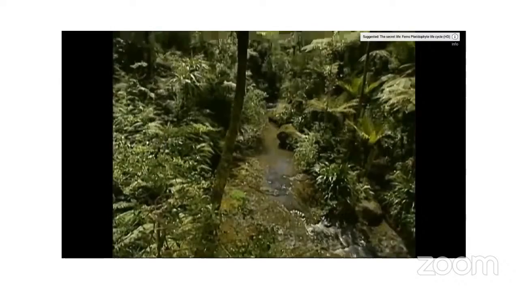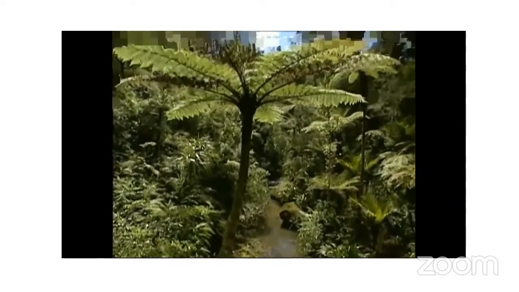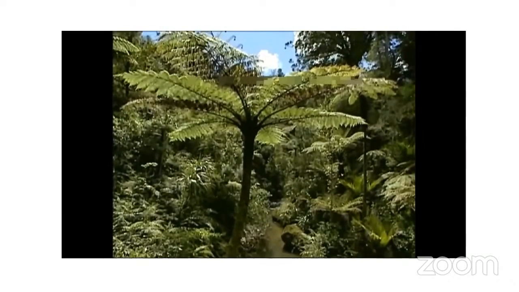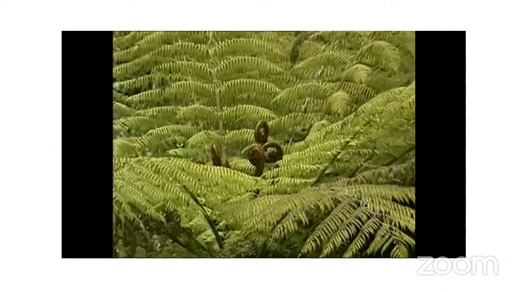Since the earliest of times, ferns have been appreciated for their beauty and have provided shelter and sometimes food. The birth of their young coiled fronds has often been used in artworks.